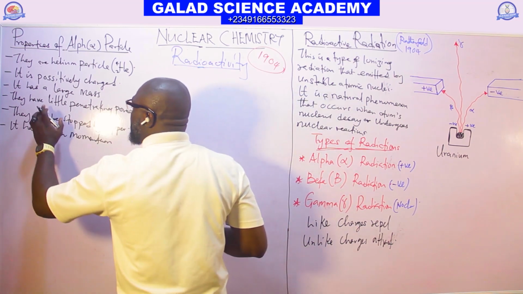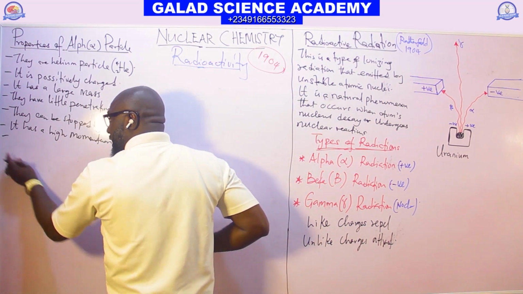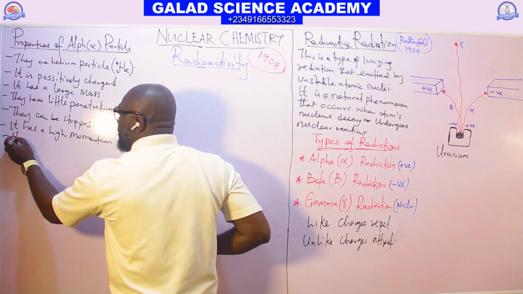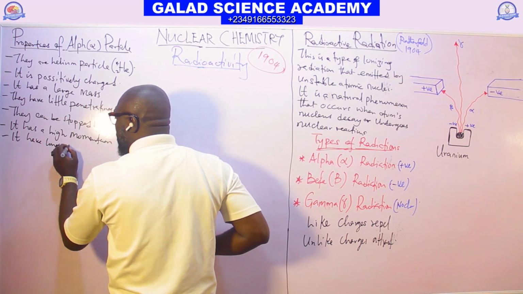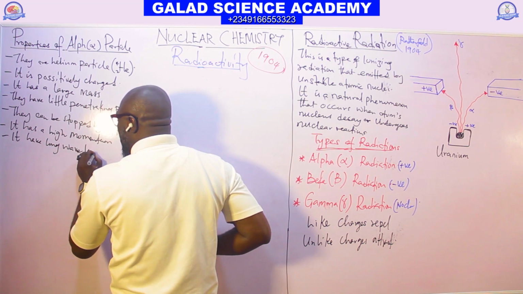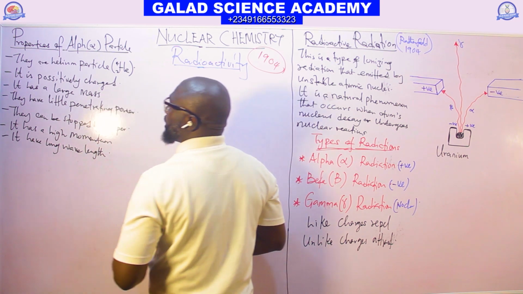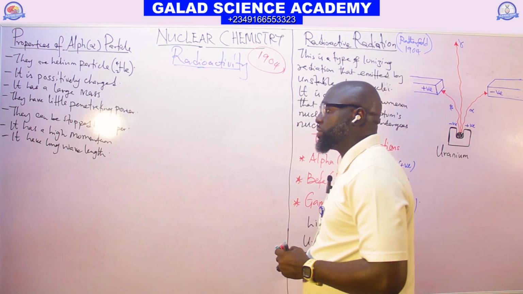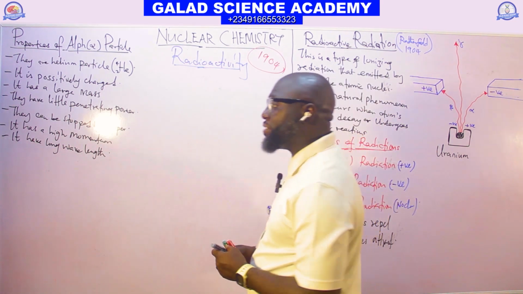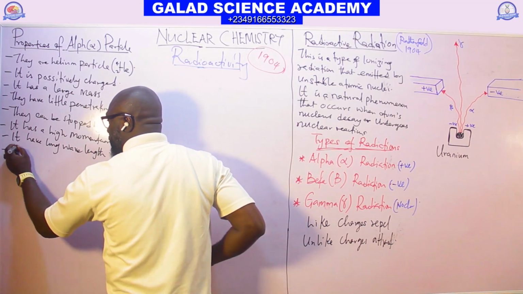And in terms of wavelength, the alpha particle has a long wavelength. And they also have high velocity.